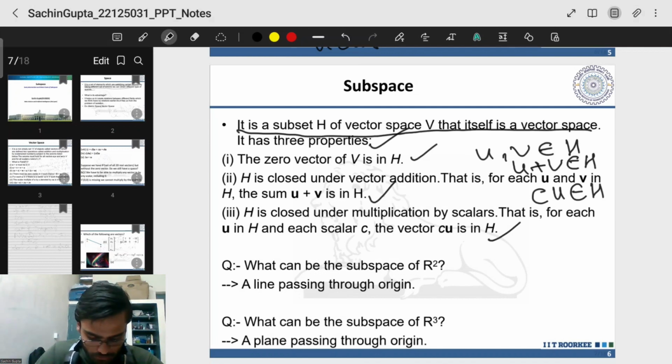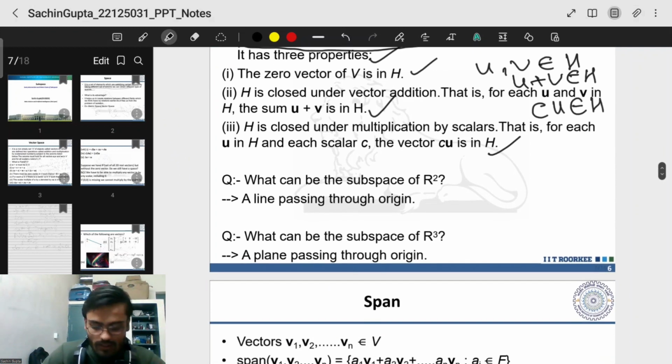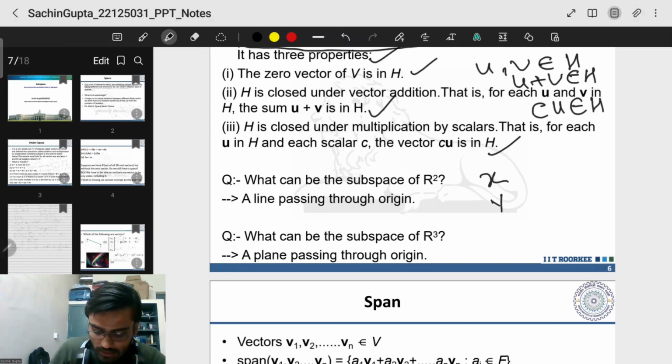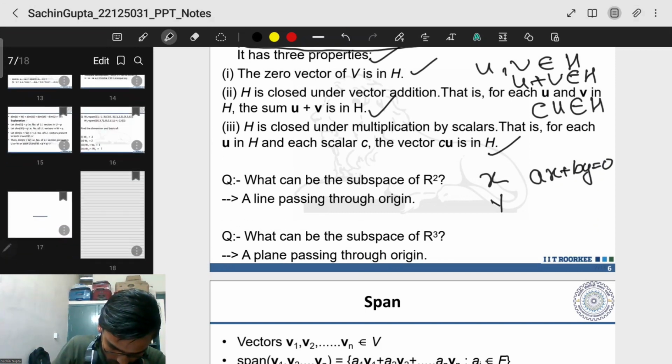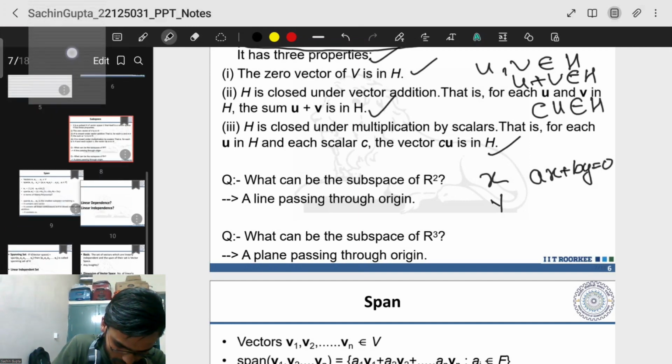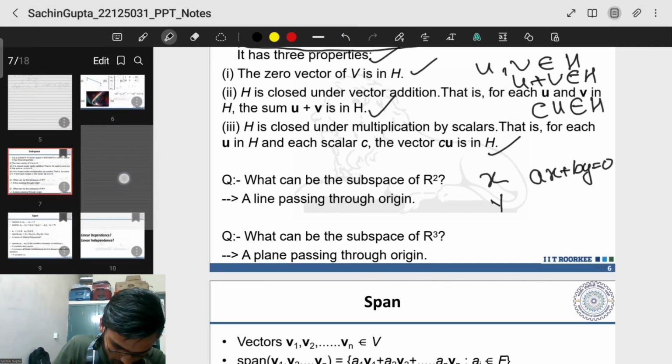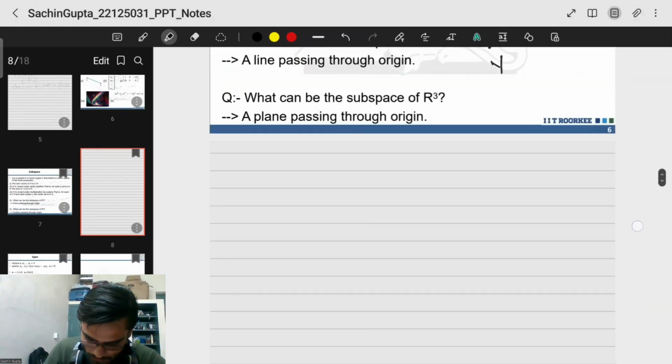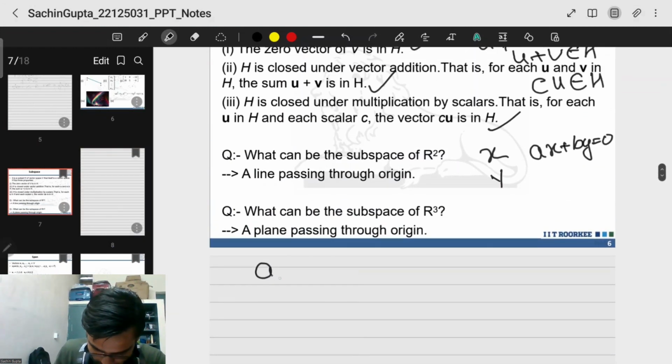For span, I am going to go forward. What is span? Now what can be the subspace of R squared? We have two components, x and y. So I have written a line passing through the origin. Why? Because a line passing through the origin will be ax plus by equal to 0.